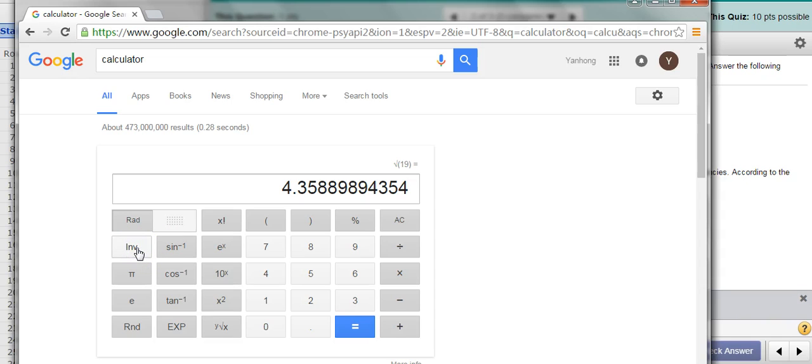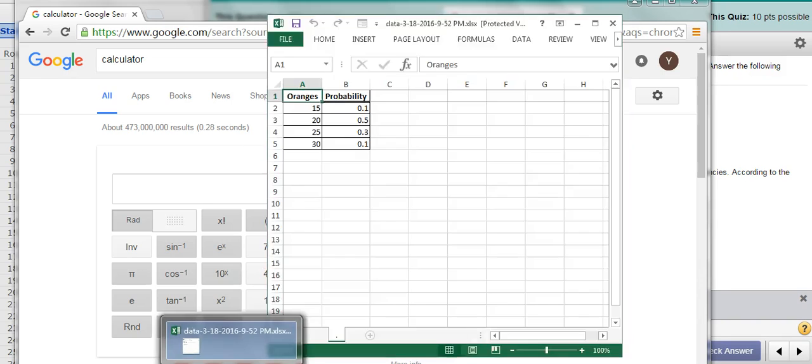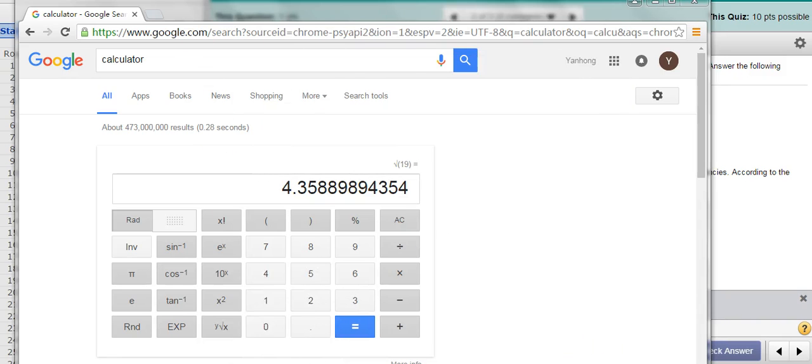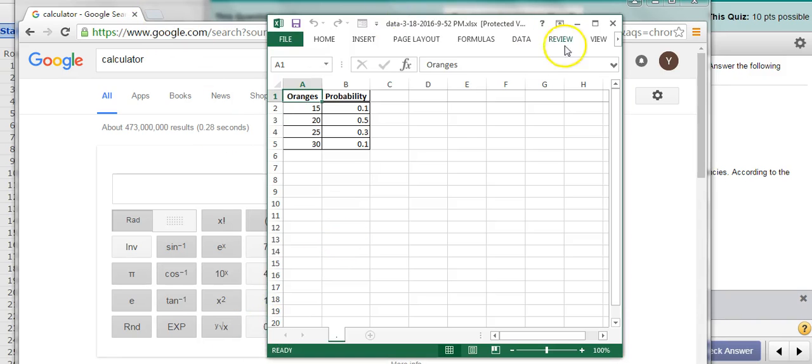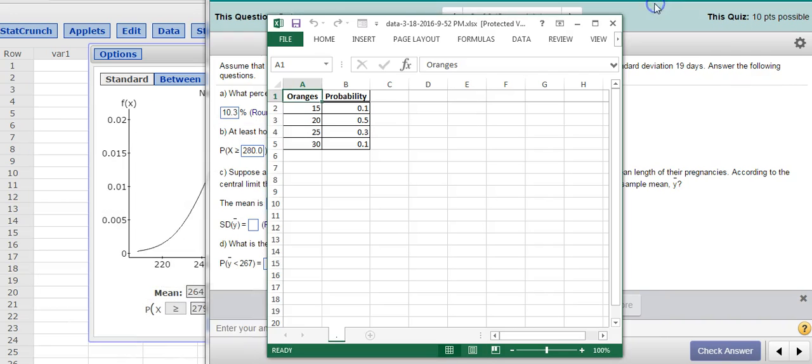Okay, pardon me. I want to find a way to do this. Okay, let's use another calculator that I'm more comfortable with. Delete those.